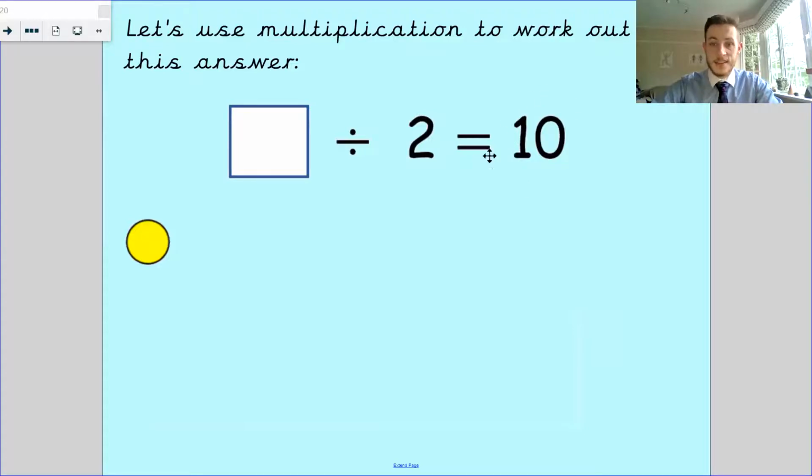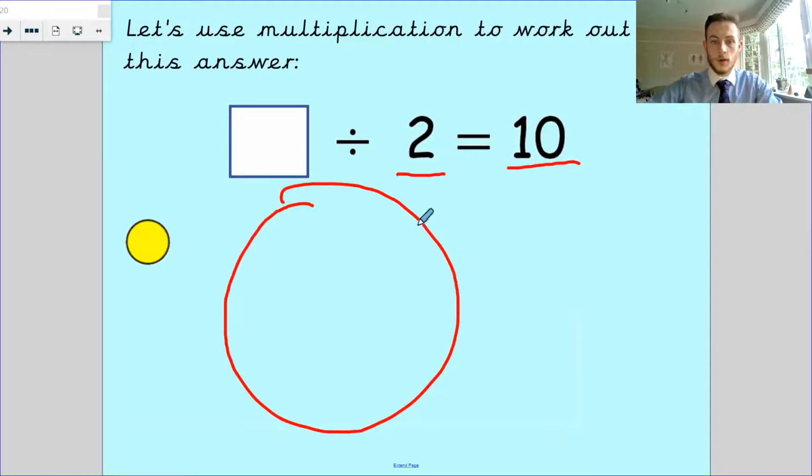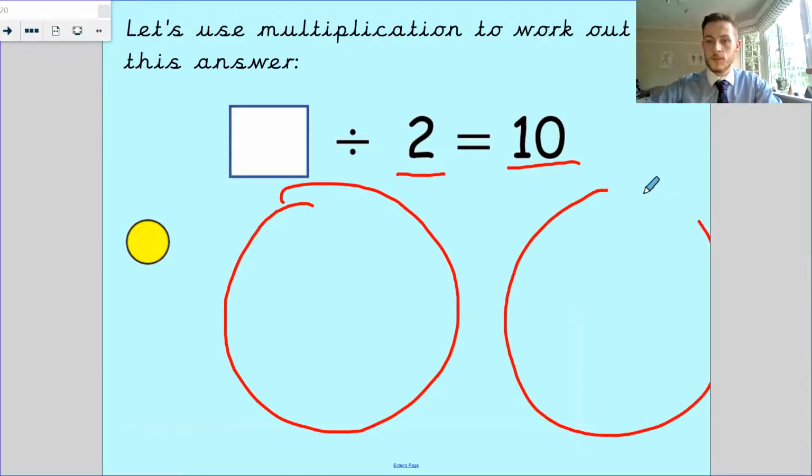I've got 10 in each group. 10 in each group. And how many groups do I have? I've got 2. So I've got 1, 2. 2 groups. Now how many are in each group? Not 1. How many are in each group? There are going to be 10.